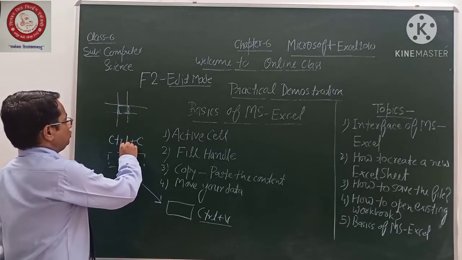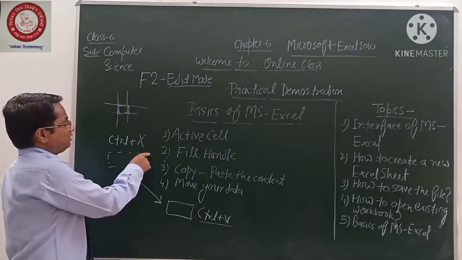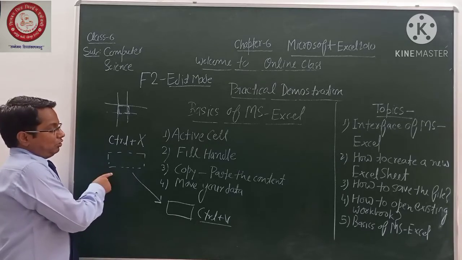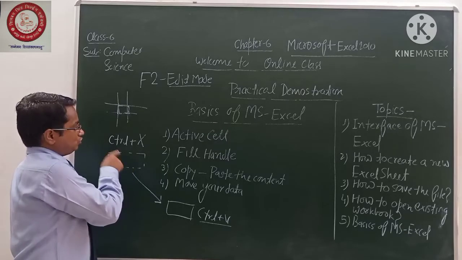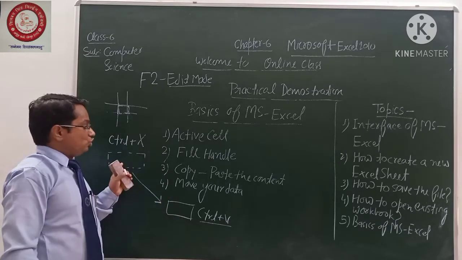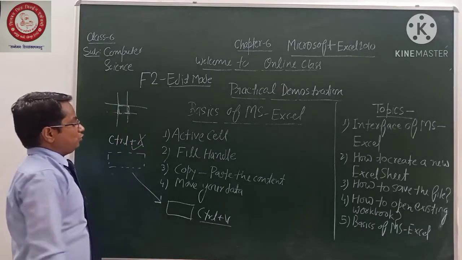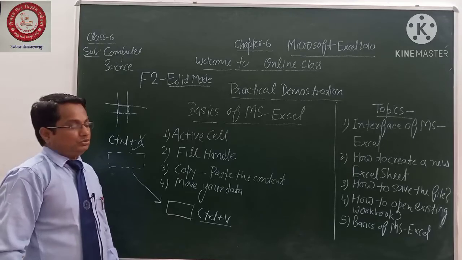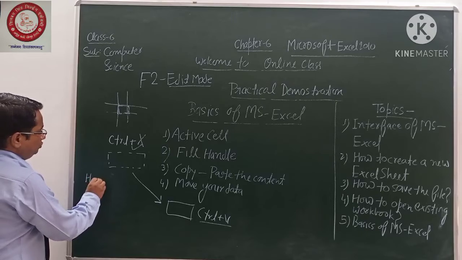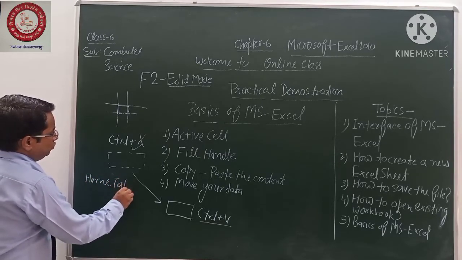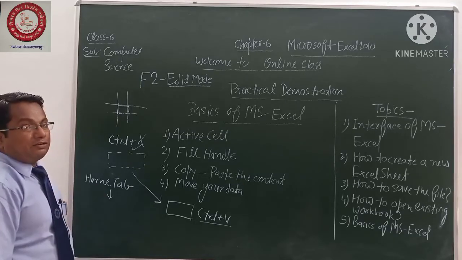Now, if you want to move your data, it is very simple. Press Ctrl X. A dotted border appears around the cell. Now press Ctrl V, and the data moves from the source place to the destination place. So first you press Ctrl X, then Ctrl V. There is one more option: if you go to the Home tab, several groups are there.